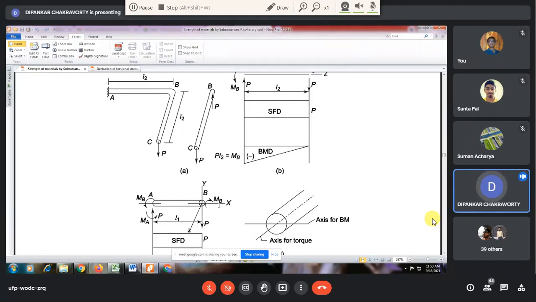Do you agree that MB would be a vector which will act at B and in the right direction? Do you agree? Try to conceive. The load P, the moment that it creates about B, that is basically an anti-clockwise moment if you look from B towards A. Do you agree or not?